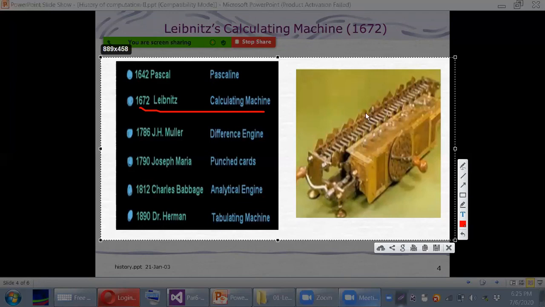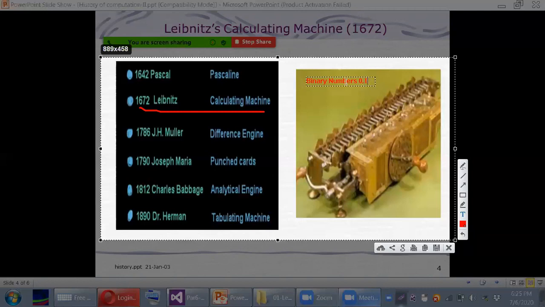As you can see in the diagram, this is Leibniz calculating machine. And unlike other computing devices, Leibniz machine worked on the binary number system. You know the binary number system? Binary numbers consist of two digits, 0 and 1.